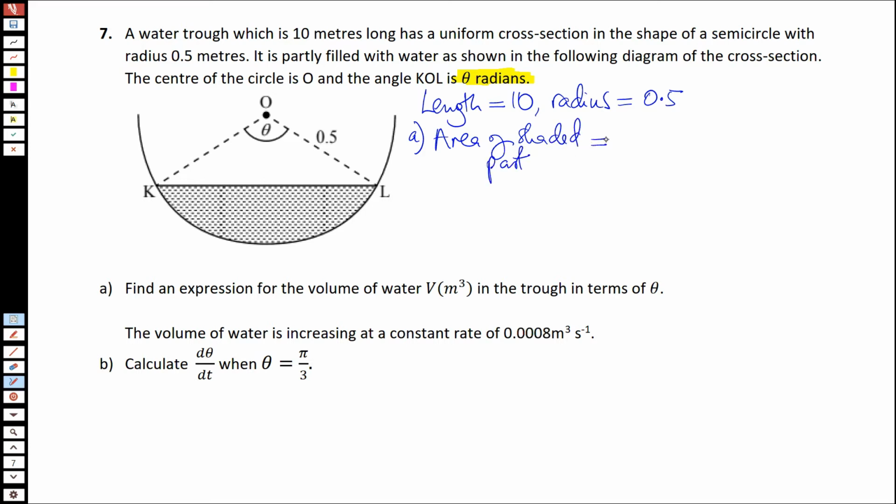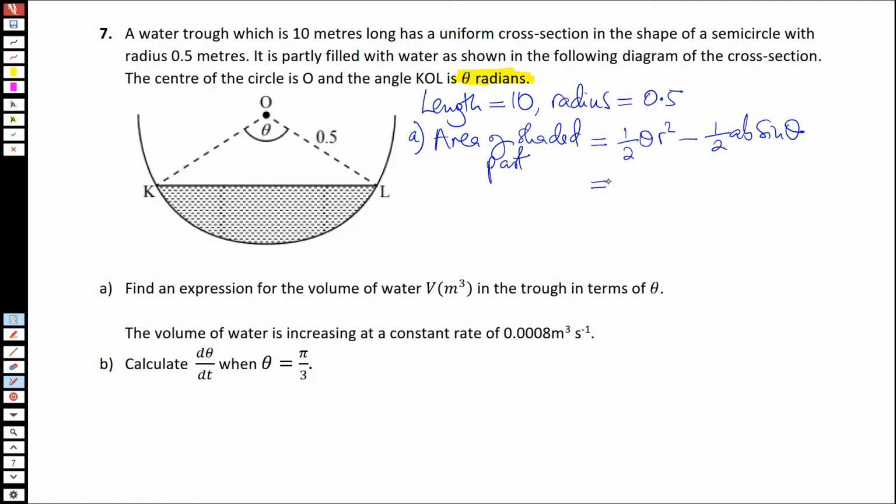So the area of the shaded part will be equal to the area of the sector, which is given by a half theta r squared, because theta is in radians, minus a half AB sine theta. AB here represents the radius of the circle.